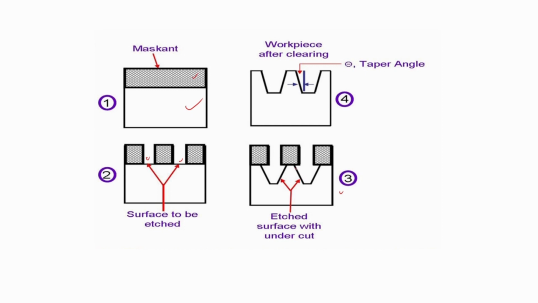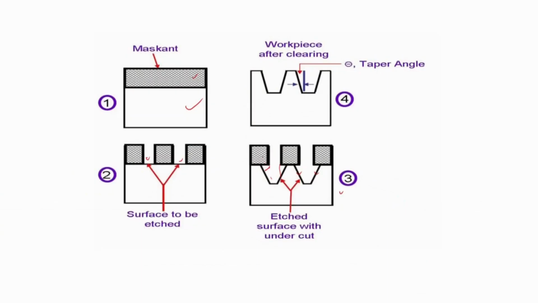So you can see here this kind of tapered surface is made by using this chemical machining process, and here you can see overcut is there. It should be perfectly vertical, but this kind of overcut and tapered surface is generated by the chemical machining process.